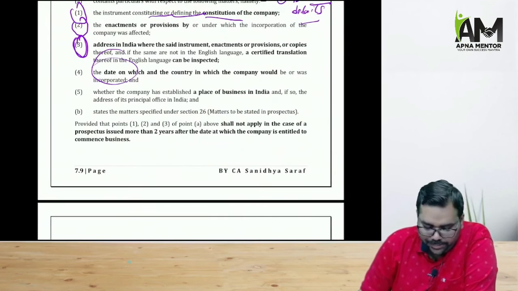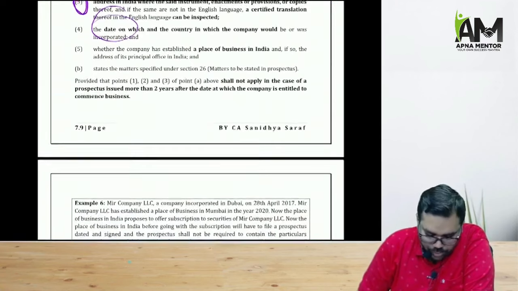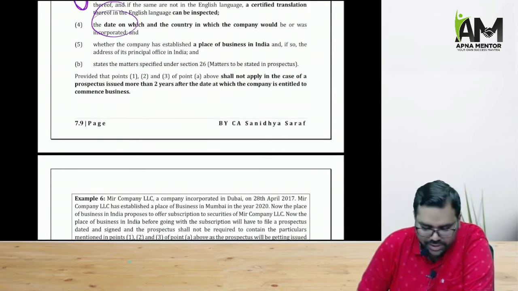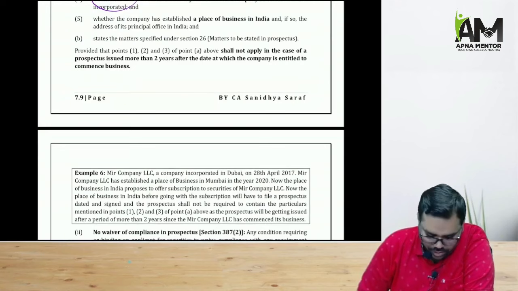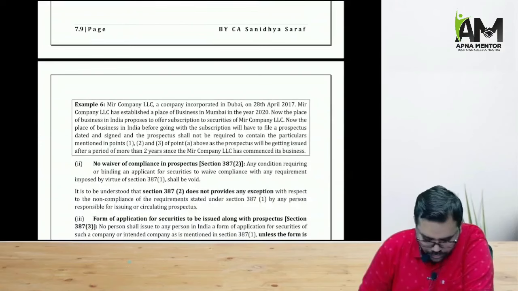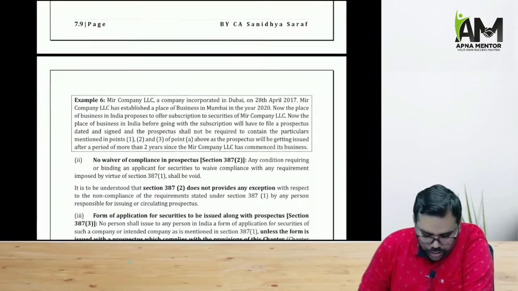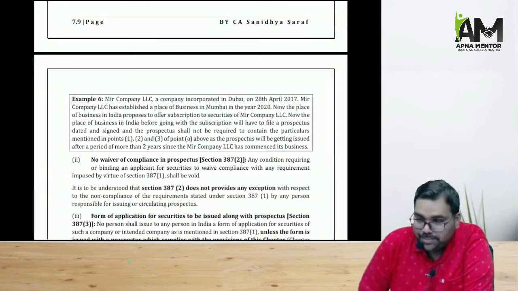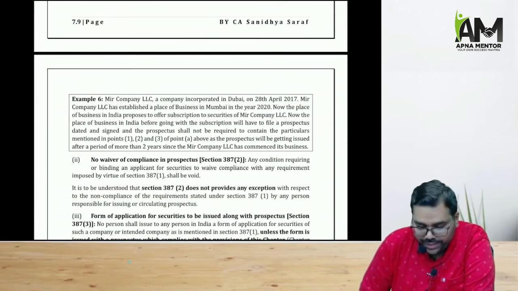So provided that points 1, 2 and 3 of point A shall not apply in case of a prospectus issued more than 2 years after the date at which the company is entitled to commence business. They have given one example also. Mir Company LLC, a company incorporated in Dubai on 28th April 2017.